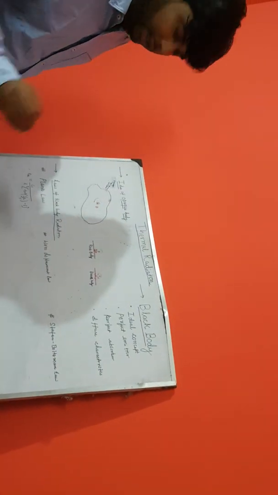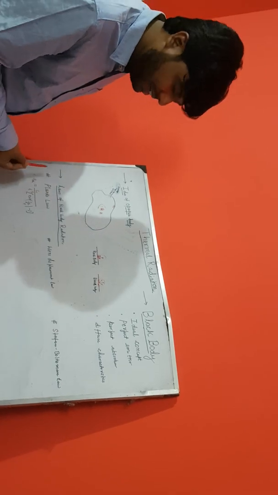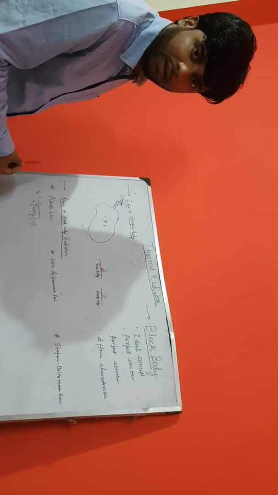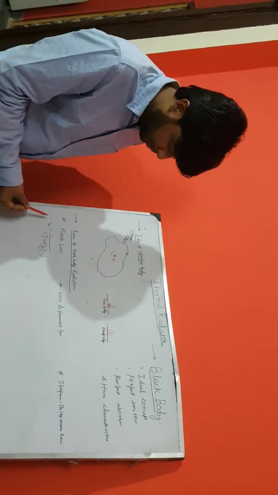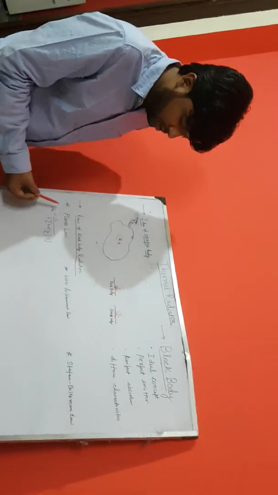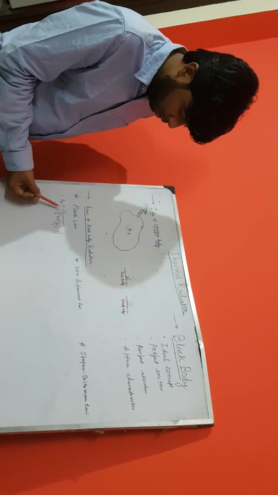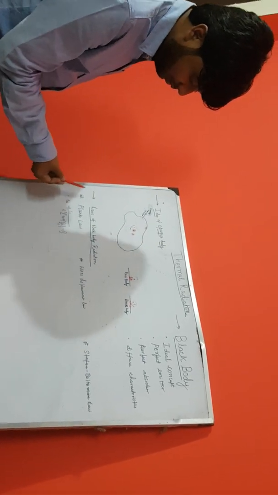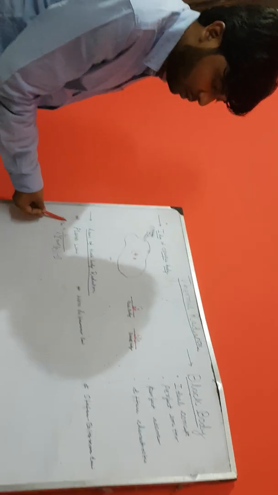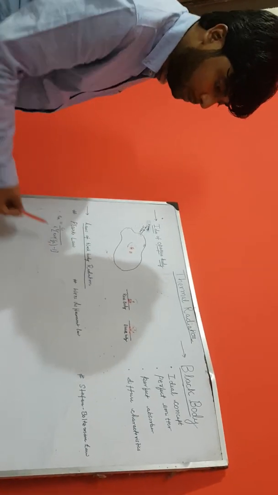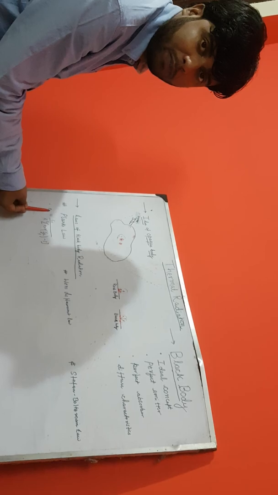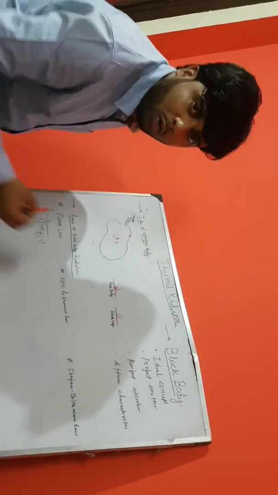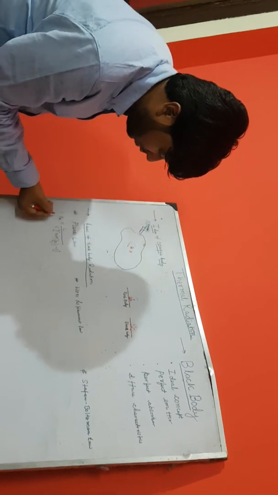In short, Planck's law gives the relation between the radiant flux per unit wavelength, that is, the emissive power of a black body with respect to wavelength. When we differentiate this equation we get Wien's displacement law, and when we integrate this equation with respect to wavelength, we get the Stefan-Boltzmann law.